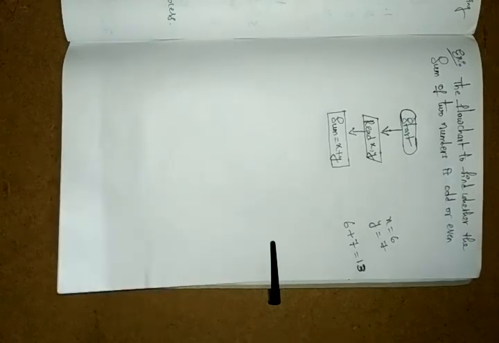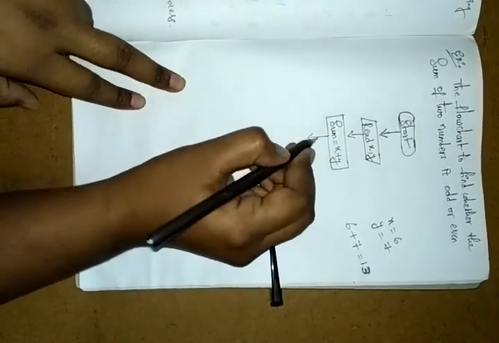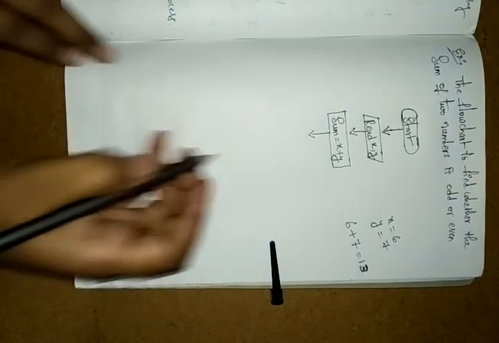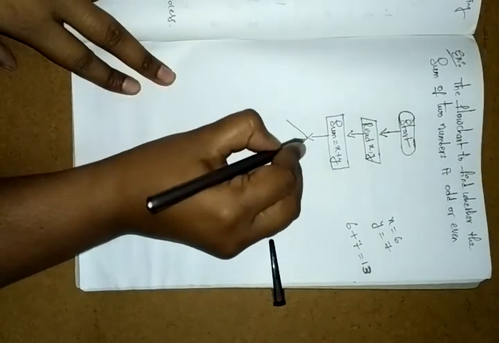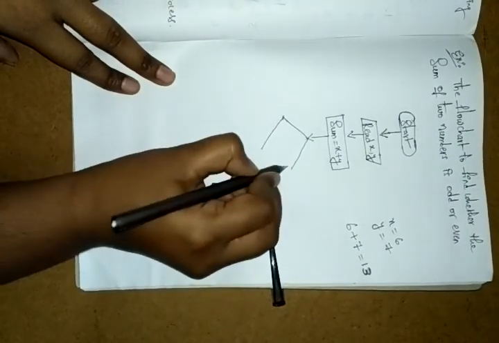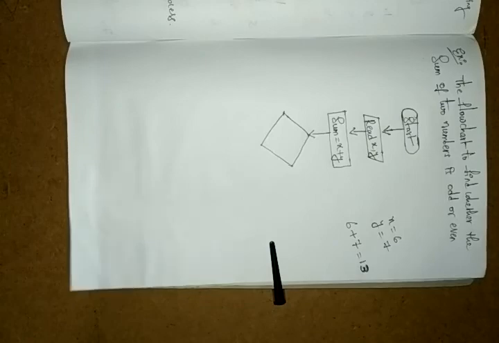Once it performs the sum of two numbers, it moves to the decision making symbol. What is the decision making symbol? We have the diamond symbol. Draw the diamond symbol for this. Once you complete the diamond symbol, you have to write some logic in it.